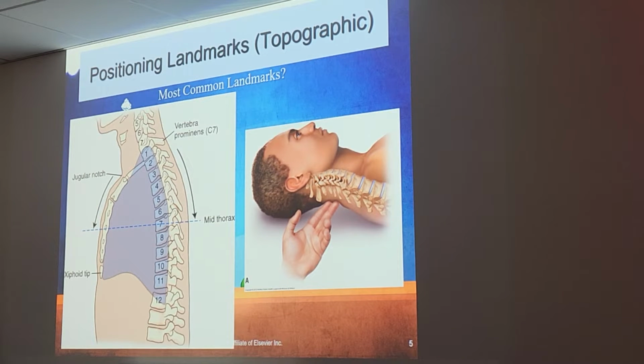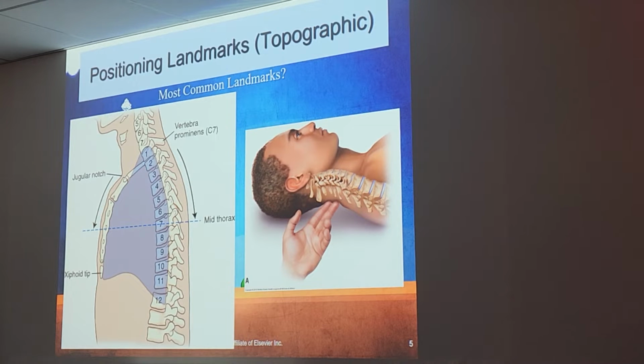Landmarks. We learned about landmarks in last week's lab. What are the two landmarks that we find for a chest X-ray? Excellent. Vertebral prominence and the T7. C7 and T7, yes. So vertebral prominence is your C7, and we go about 7 inches down, we have our T7.